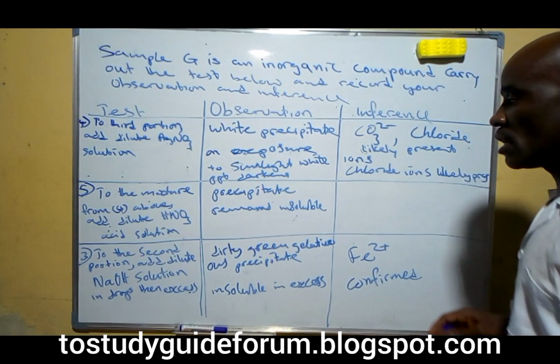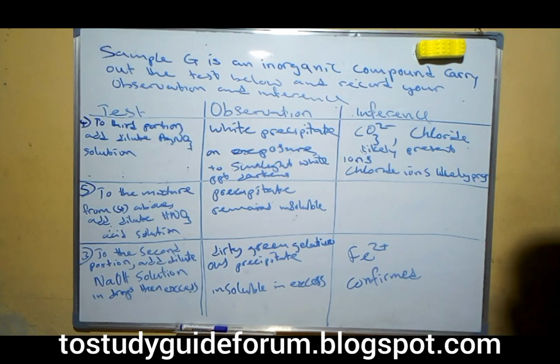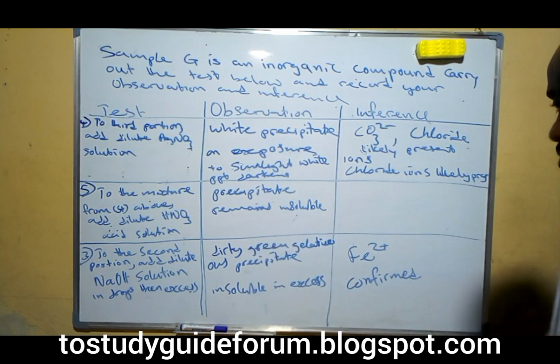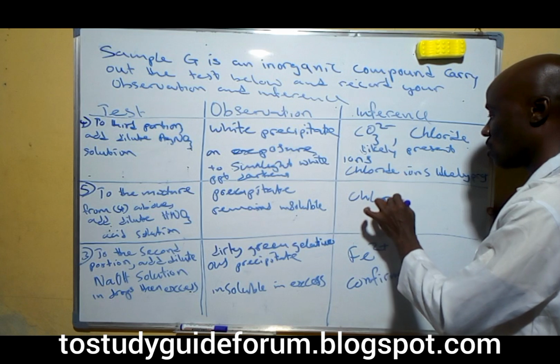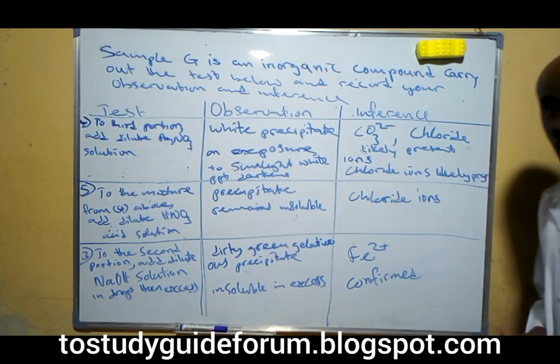That means it is still insoluble in dilute nitric acid, which means that what we have there is chloride ion. Chloride ion is there.